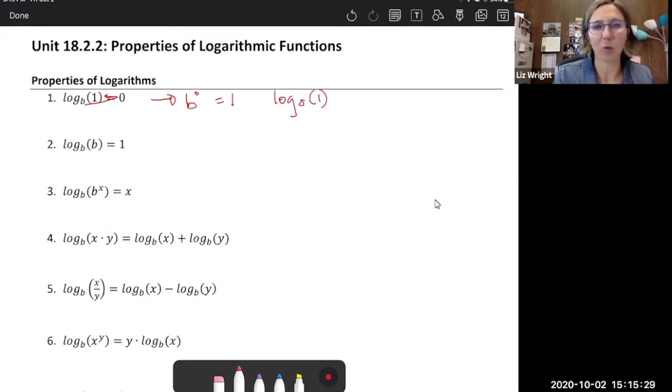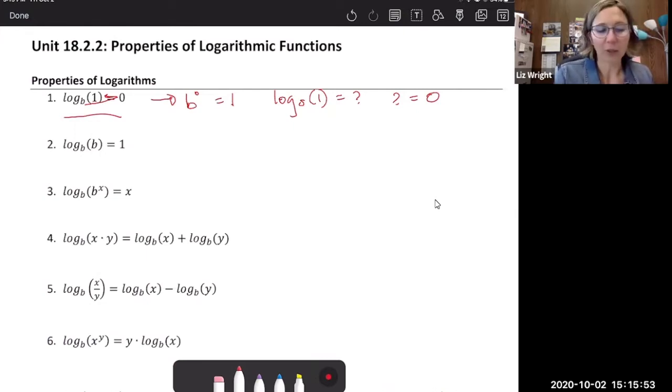It's asking the question, 5 to what power is going to give you 1? And that power, that we determined from our discover a log rule, was always equal to 0. So 5 to the 0 power is going to give us 1. I'm just reminding you of that rule, and this is the property that we have.